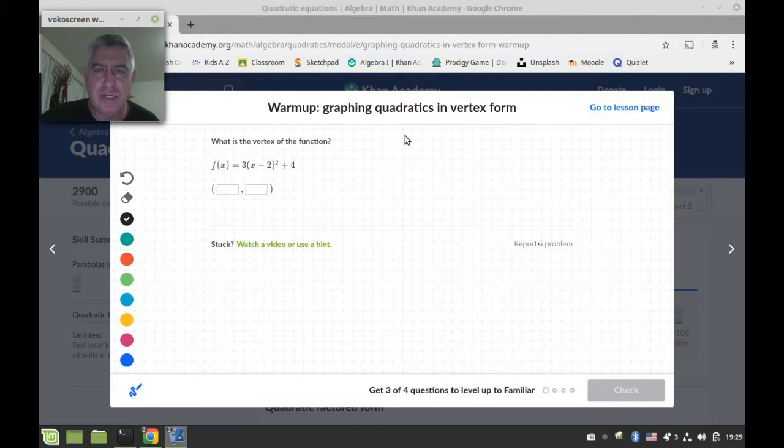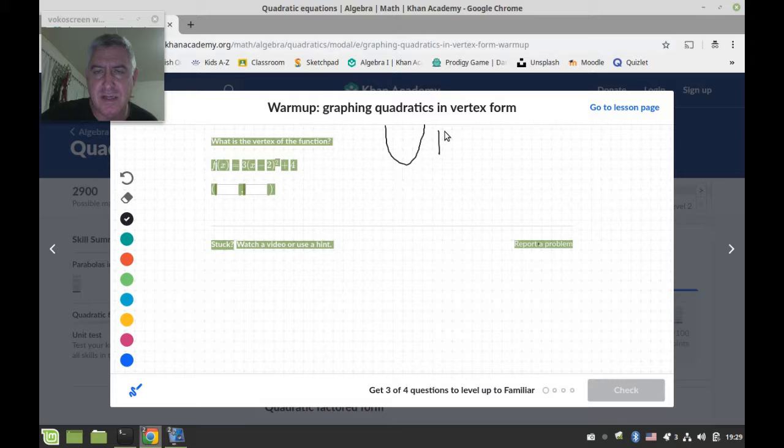So let's remember what the basics of quadratic form are. Okay, so we've got a parabola, and the parabola either opens up or opens down.